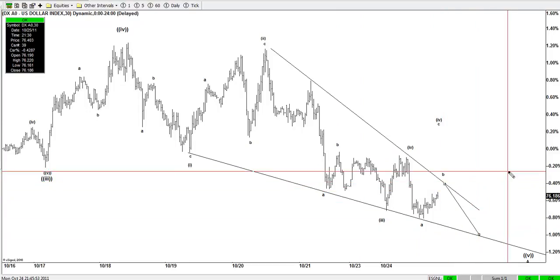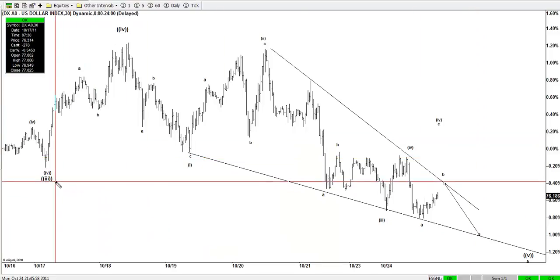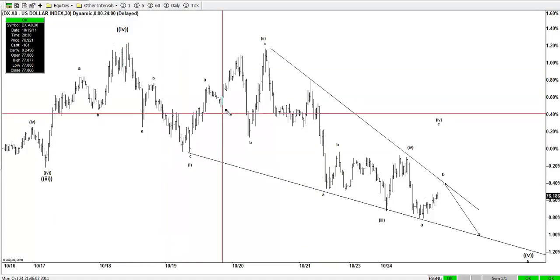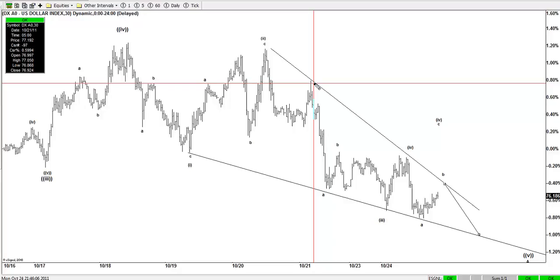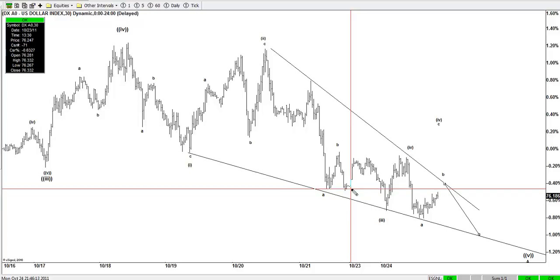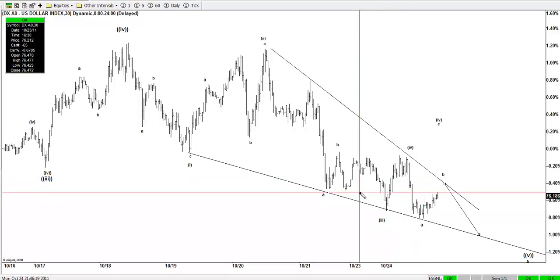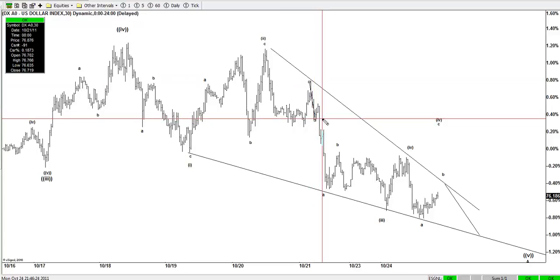That's very possible. Now, the other one is that this is A, and then you got A, B, C, D, E. But what I don't like about that one is that this right here looks too contracting, or too big in time compared to this small wave 2.